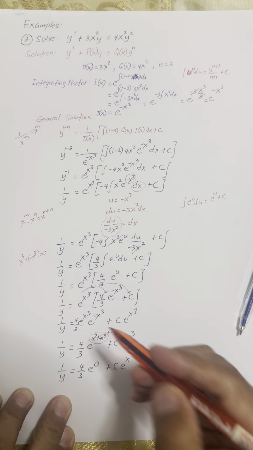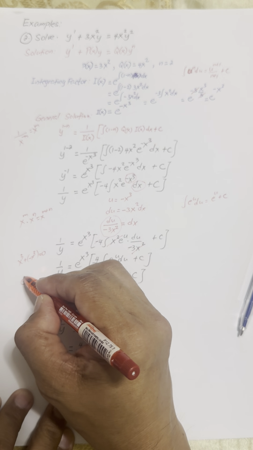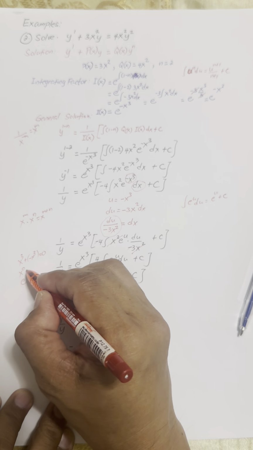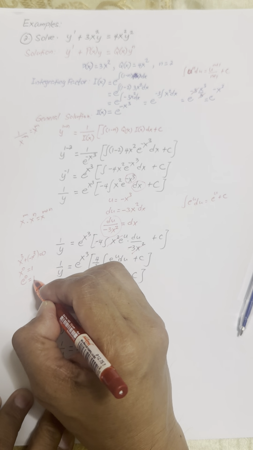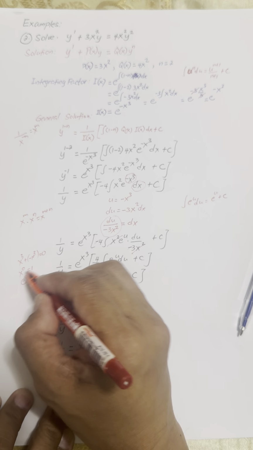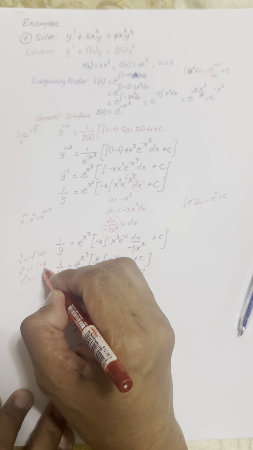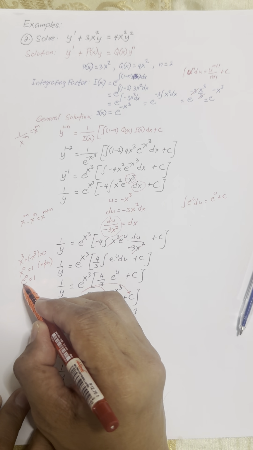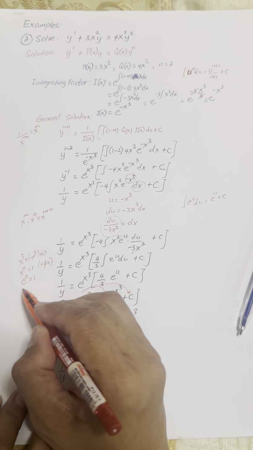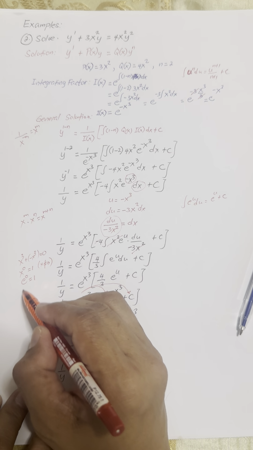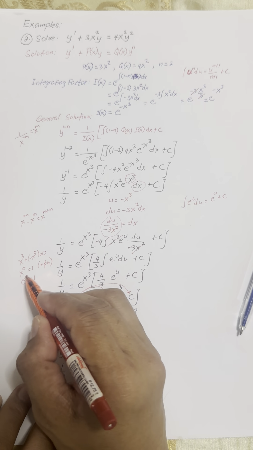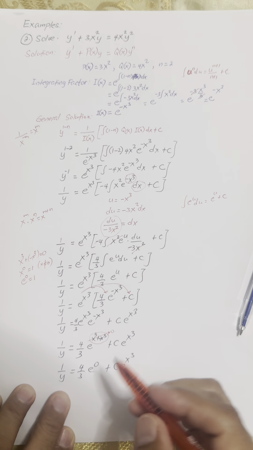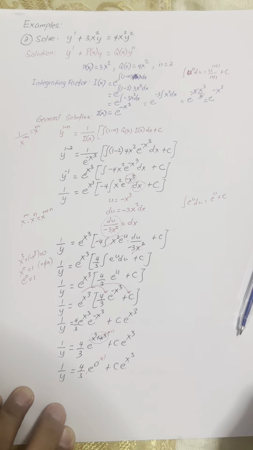Another law of exponents: x to the 0 is equal to 1, provided that x is not equal to 0. In the same way, e to the 0 is equal to 1, and for sure the base e is not equal to 0, because e is 2.7182818. So we have passed this condition, and this is just equal to 1.